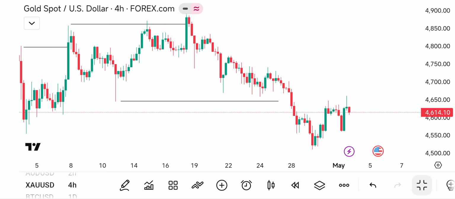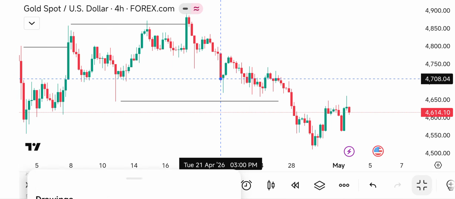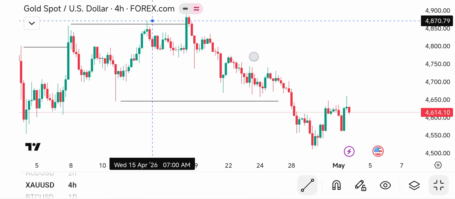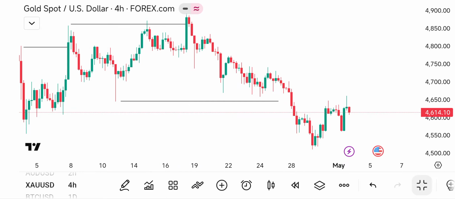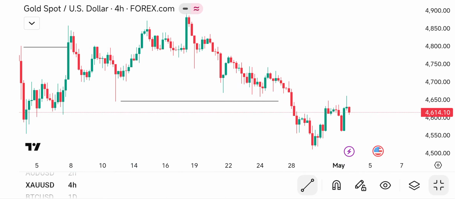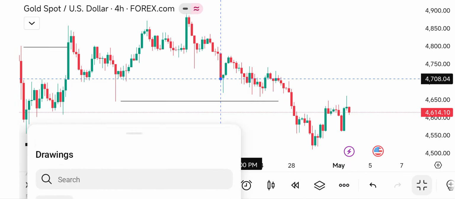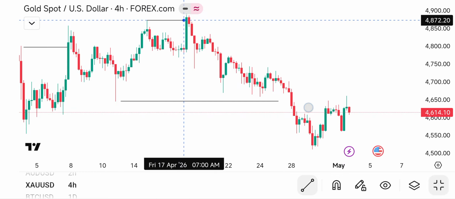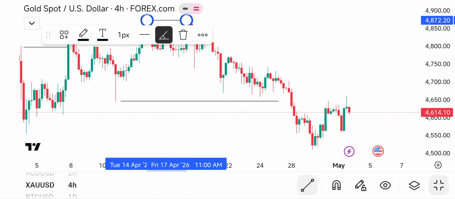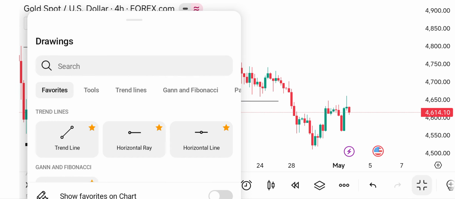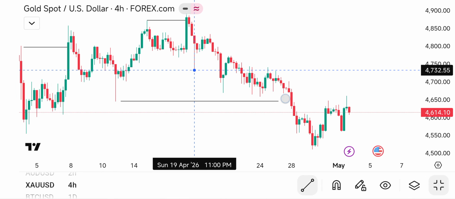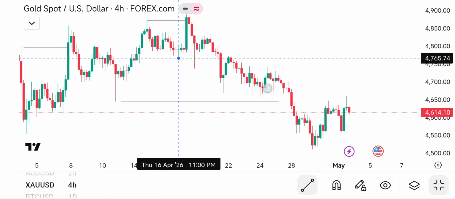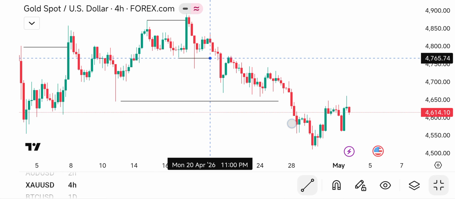So reading the internal structures, we had a break of structure here. We had a break of structure here. And we had this as a change of character right here. Or rather this low. We had a change of character right here.